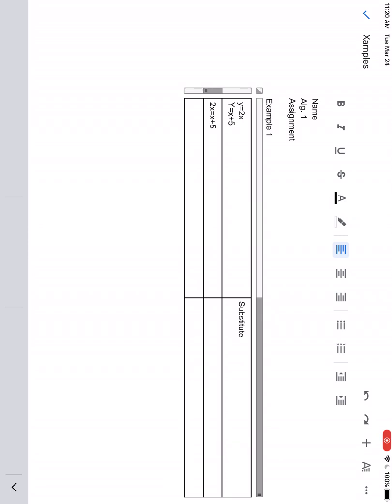From here, I said, okay, we need to move the smallest x over, so we subtract x from each side. That got us x equals 5, which was fine, but then we had to plug it back in somewhere.